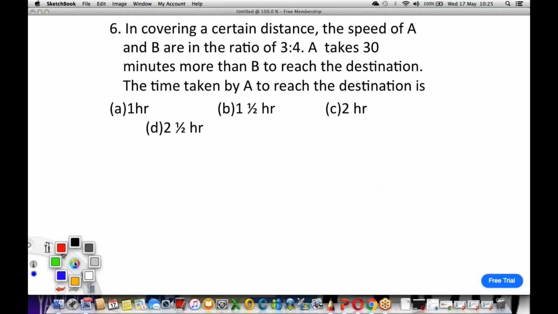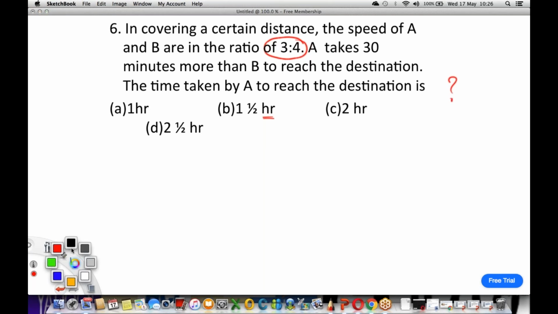If you look at the question, it is asking something related to the time. That is why my option choices are given in the form of hours. In covering a certain distance, the speeds of A and B are in the ratio of 3:4. A takes 30 minutes more than B to reach the destination. Then the time taken by A to reach the destination is how much?